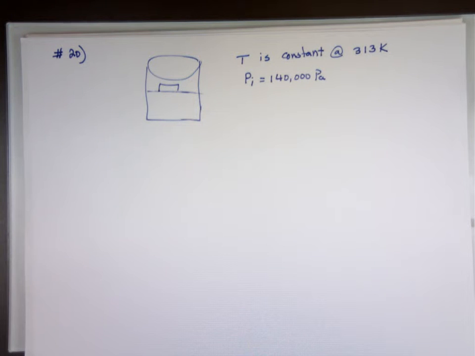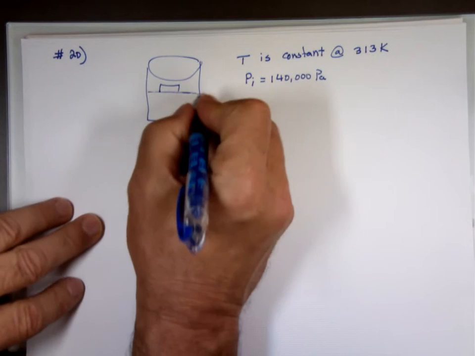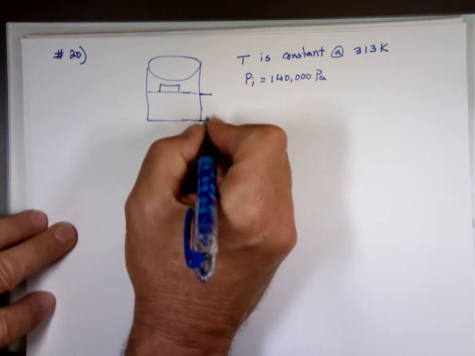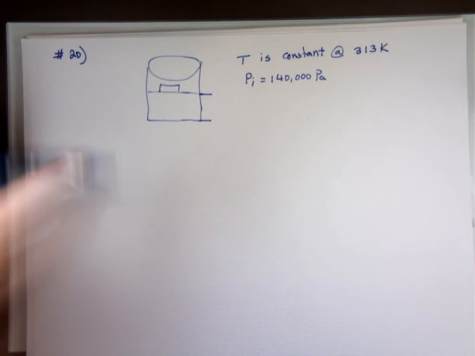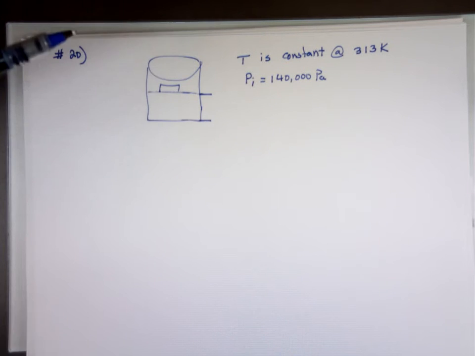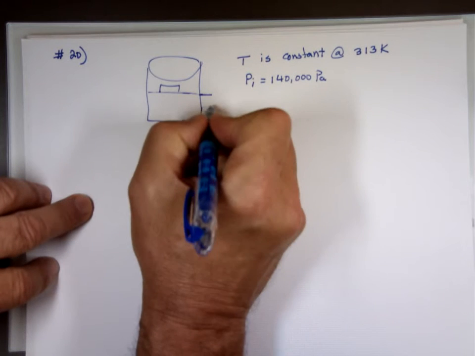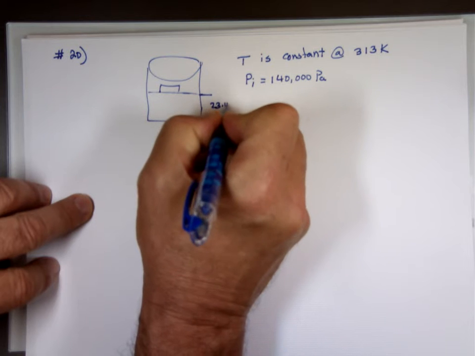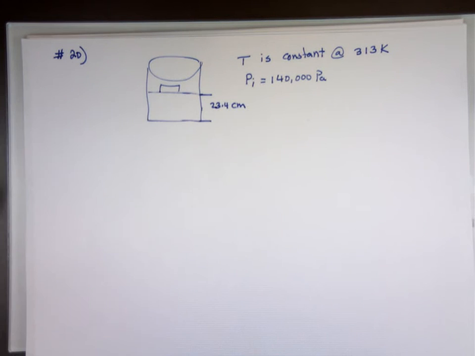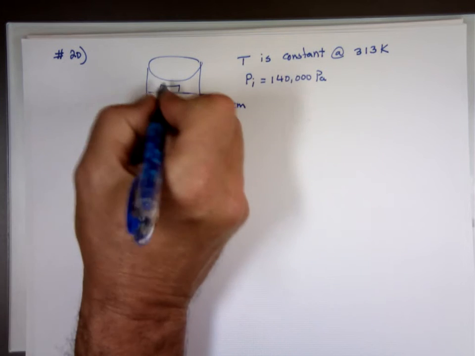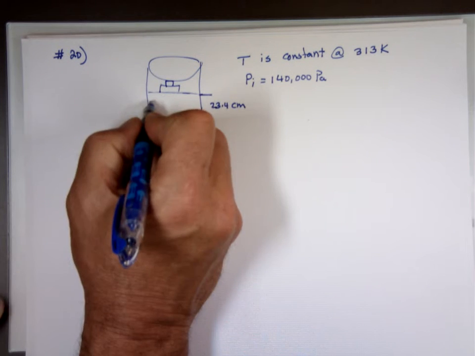And when we have that, the height here, I'm looking at a little portion of the screen, trying to read through it, is 23.4 centimeters. When adding a mass to it, so you add more mass to it, and what happens, this arm moves down.